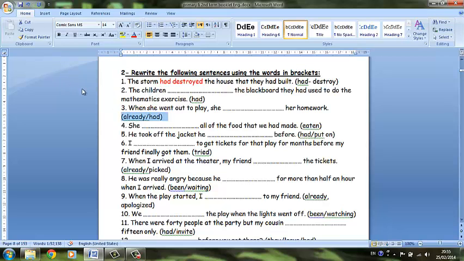Number 2: the children, blank, the blackboard they had used to do the mathematics exercise. The same here, we are going to put a dash and write the verb break.